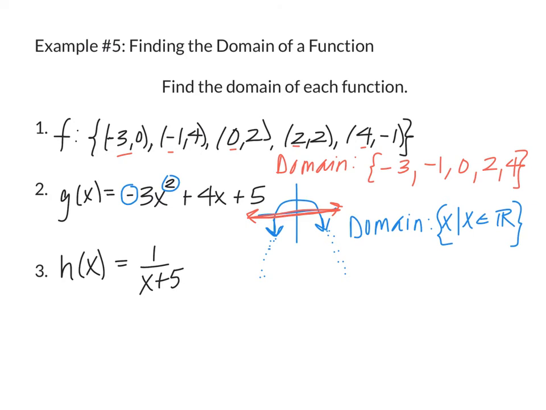The last function, h of x equals 1 over x plus 5. As a reminder, we could either graph it or we could just know what it does algebraically. As a graph, if you remember from algebra 2, this is a rational function. Rational functions typically look like 1 over x.